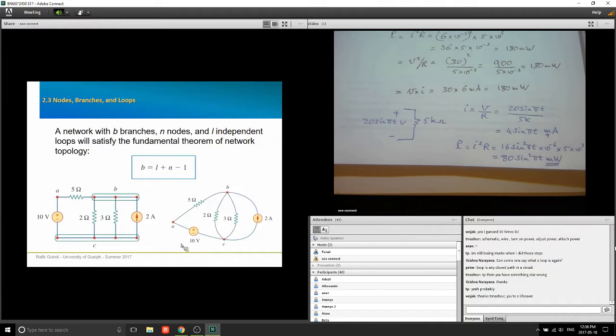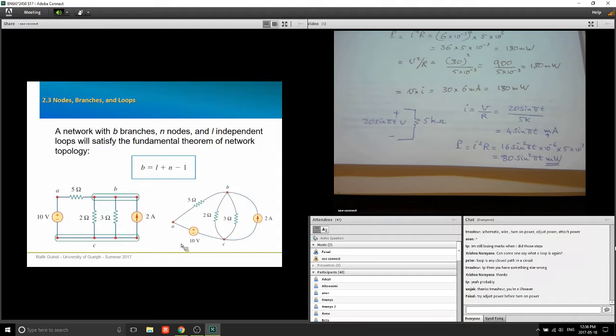And if I count the outer one, it is still a loop, but it is not an independent loop because it is made of those 3 inner ones. So basically, the number of independent loops is equal to the number of meshes, the number of the inner loops. So that's L in this circuit. L is equal to 3.